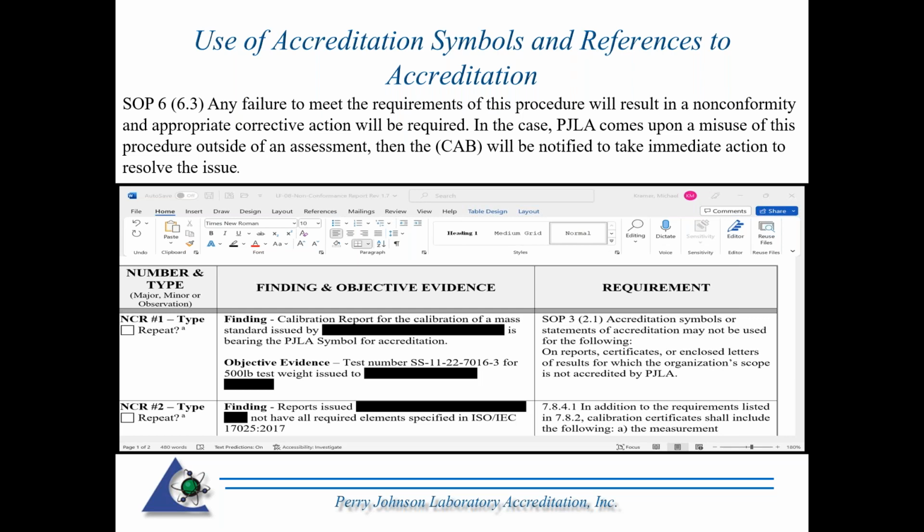It happened to be a mass standard bearing the PJLA symbol. Problem was, they weren't accredited to do mass calibrations. Hence, you can see the correlated requirements with SOP3, along with the objective evidence that prompted this particular finding to be written.